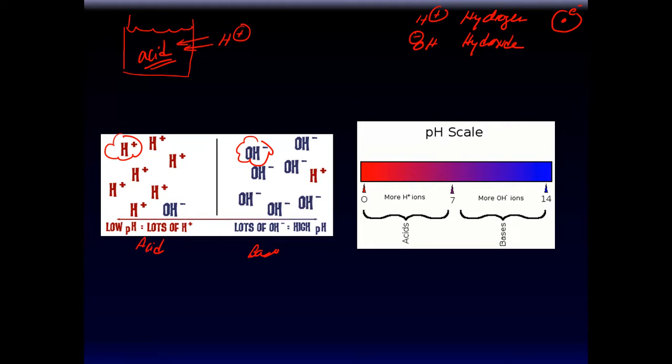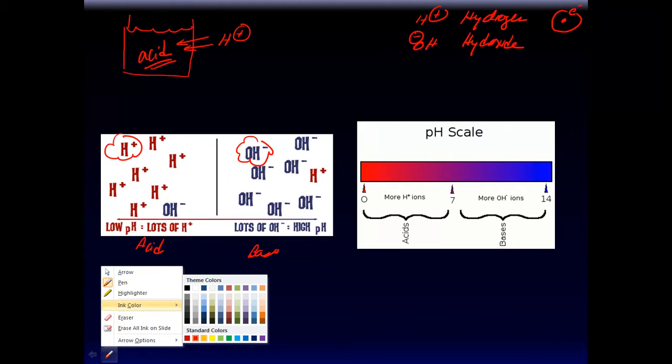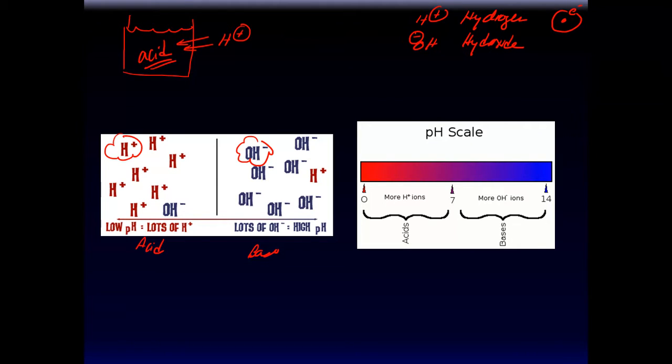But nevertheless, we have to appreciate that pH is an indirect measure of hydrogen ion concentration. If you remember from chemistry, the pH of a particular substance is the negative log of the concentration of hydrogen ion. What does that mean?